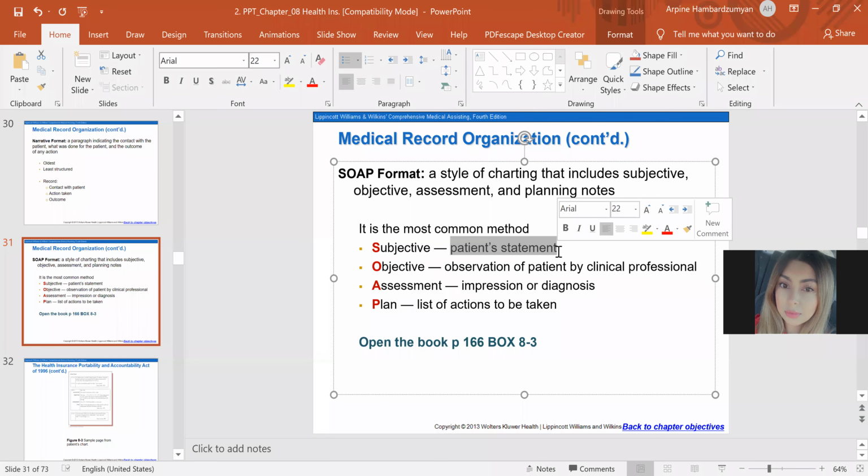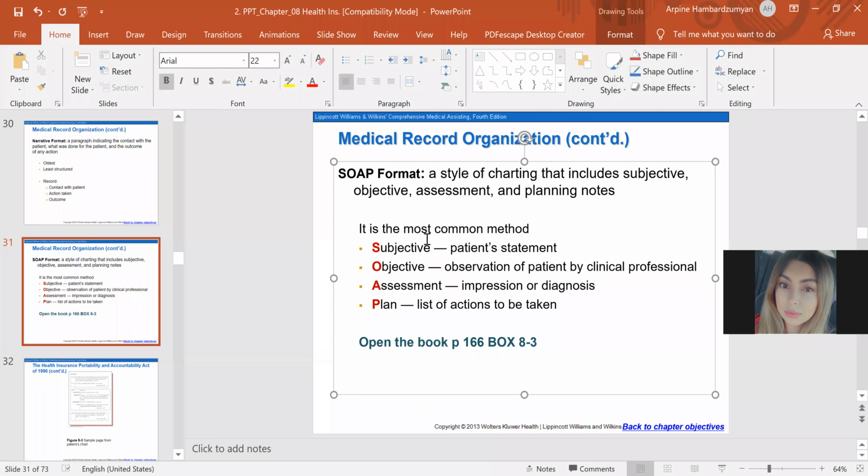You write there the doctor's orders, so to go to the lab, to do the ultrasound or the x-ray, and after this comes a treatment plan. To have it more clear, after the lesson go to page 166 and you will see there two ways of doing this in Box 8-3.